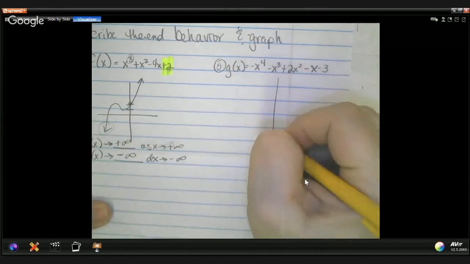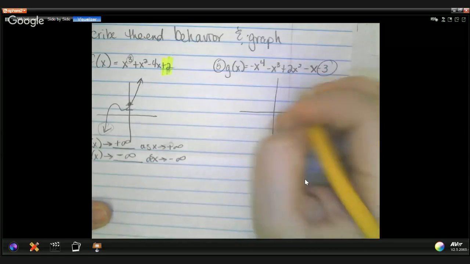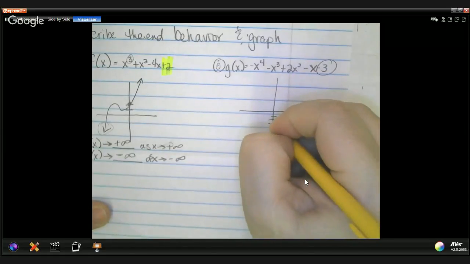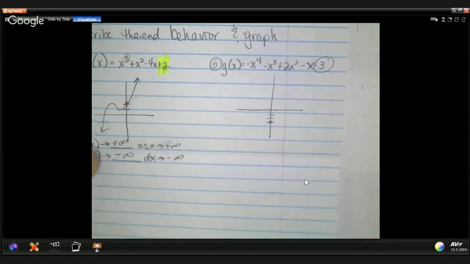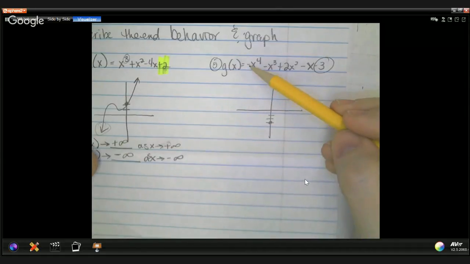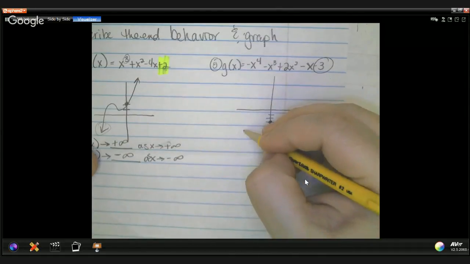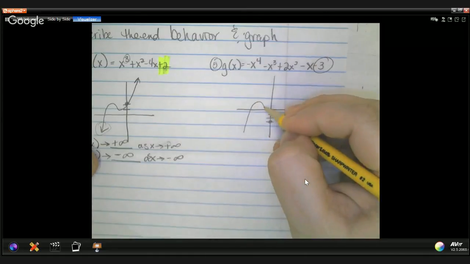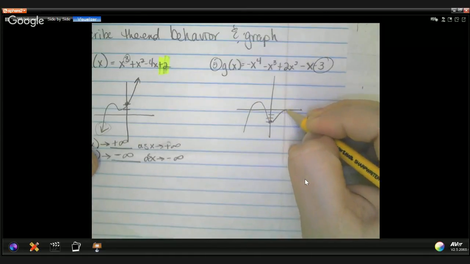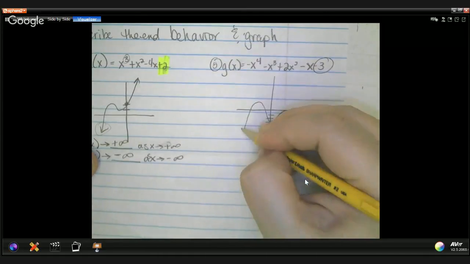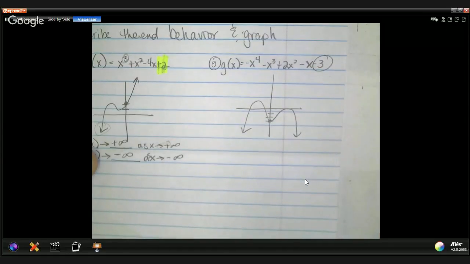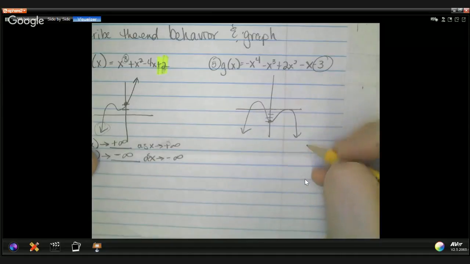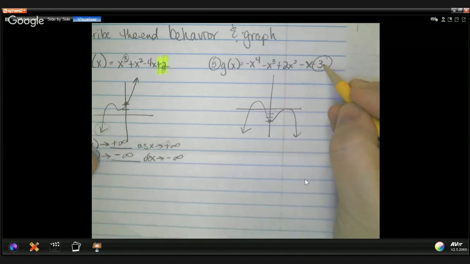Okay, so I should know that it crosses at -3. I'm going to put that -3 in the middle of my humps this time, and it goes down. So I'm going to say maybe it goes 1, 2, 3, 4. Doesn't matter where it touches. Right now, we're going to learn how to find that eventually, but right now we're just getting the direction. They both go down, and it crosses at -3.